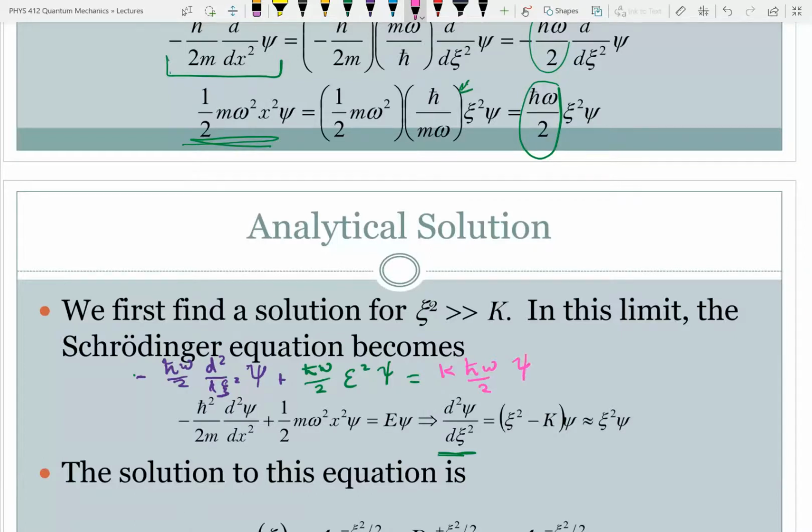So there I've made the direct substitutions for K in the first two terms and E in the last one.